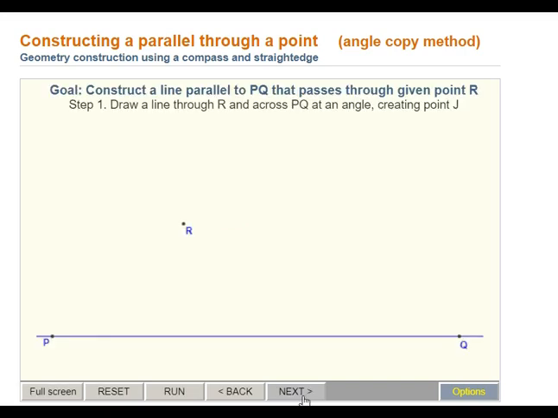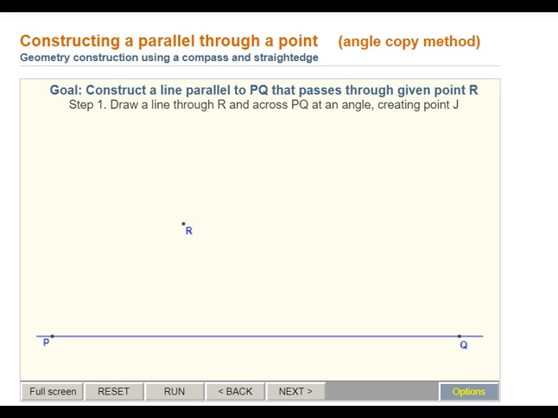So your goal is to construct a line parallel to PQ that passes through given point R. So the first thing you need to do is draw a line PQ. Then draw a point R on your construction.